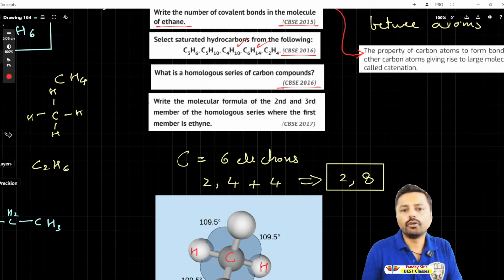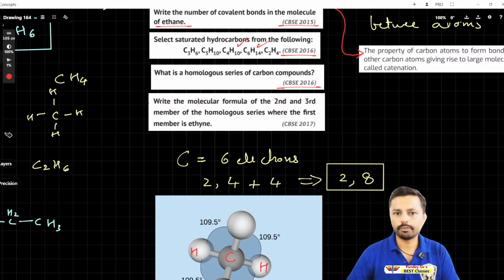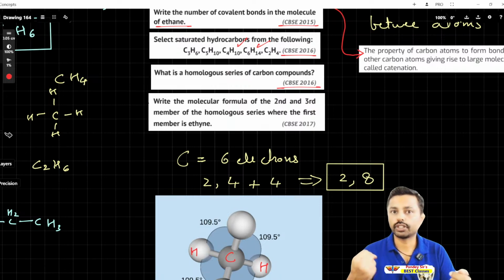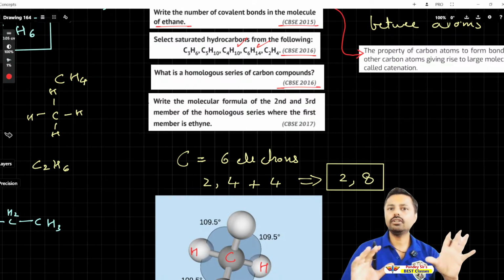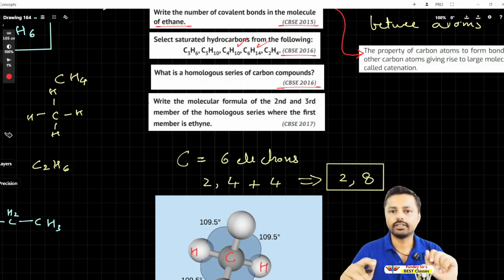Now, what is a homologous series of carbon compounds? It is a very crucial part because a homologous series contains a number of compounds that depend on carbon. If you understand this, 50% of carbon is in your hand. First of all, what do you mean by homologous? The literal meaning of homologous is the same family.